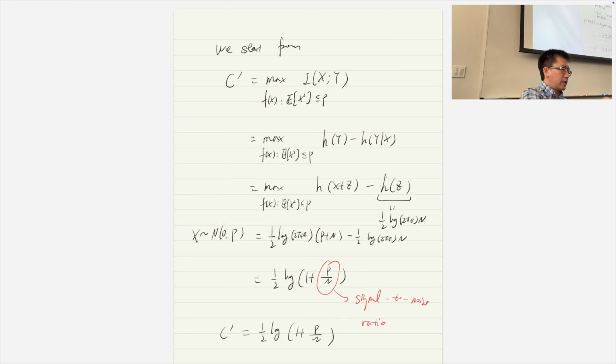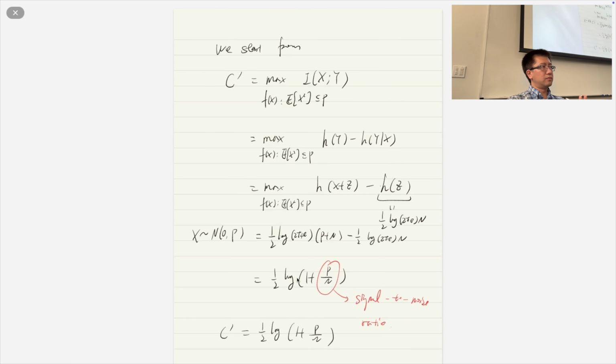Any questions so far? One thing I want to emphasize is that if you work in communication, you will see this formula a lot. People use this formula to denote the channel capacity, which tells you the best you can do for this channel. Two remarks. Number one, if the signal-to-noise ratio increases, then the channel capacity will increase, which makes sense: with more signal-to-noise ratio, you can transmit more.